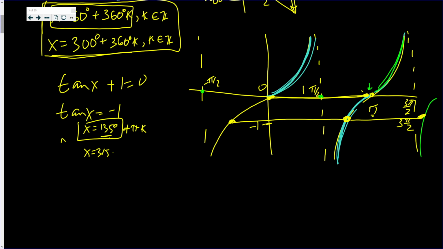Well, do I pick up all of those numbers? Well, isn't 315 135 plus 180 plus 180 plus pi k? But 180 is pi. So, you know, you have pi plus pi k.